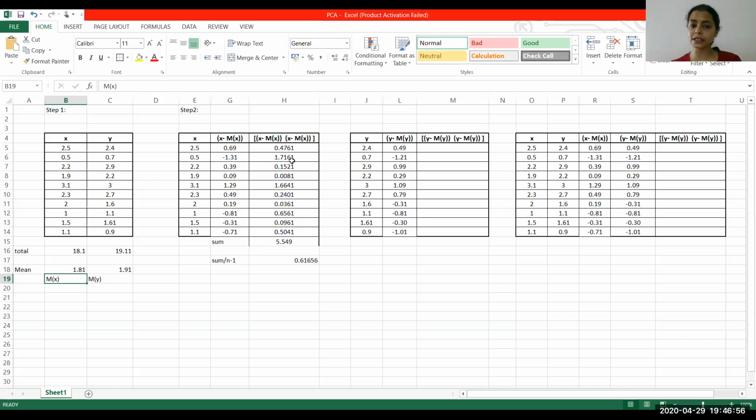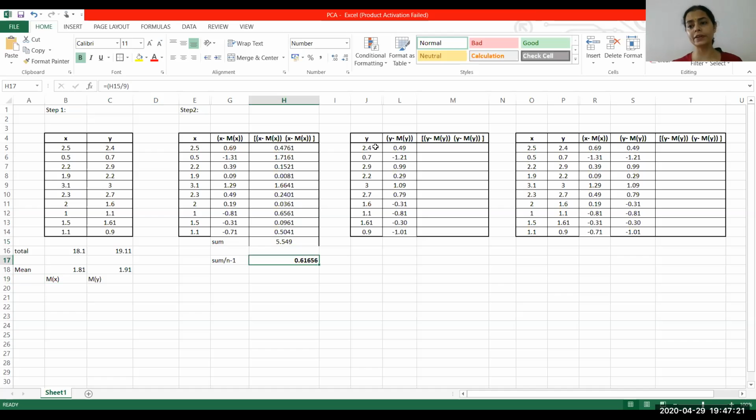We have summated it over the entire range of i from 1 to n, and finally, dividing this sum by 9, that is n minus 1, this is the answer that we get. We are now going to repeat this process for the covariance of y with y.